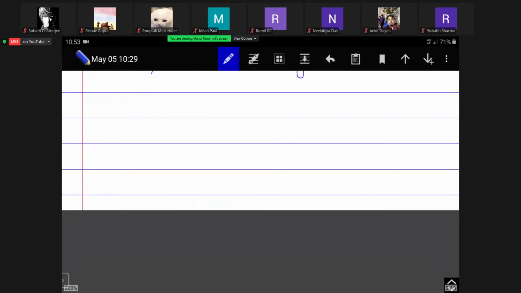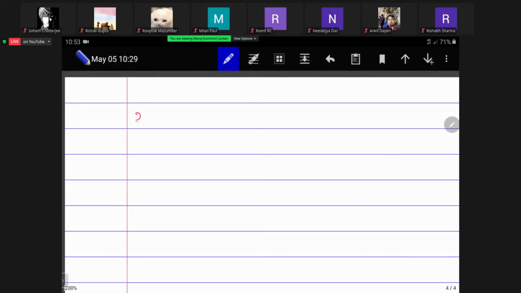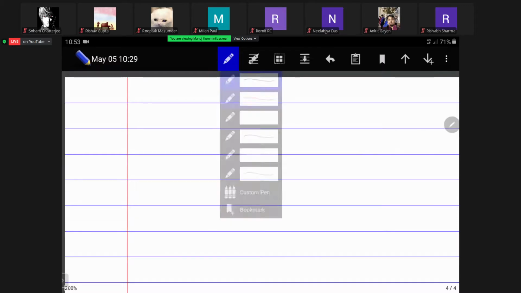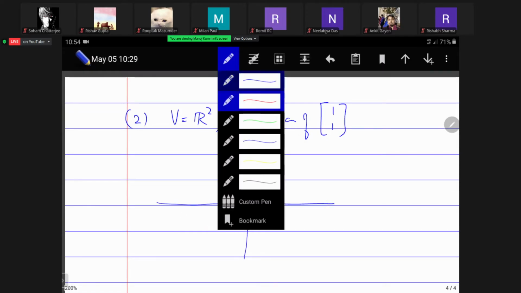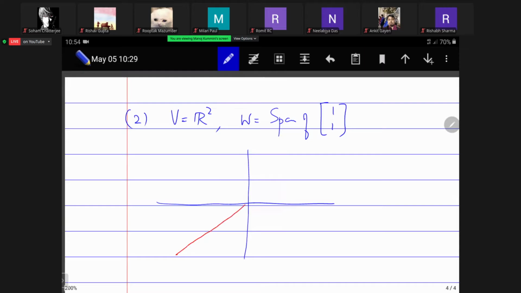Similarly, let us take a minor modification of this. V again is R2, and W is the span of (1, 1). So this is the line at angle 45 degrees passing through the origin.